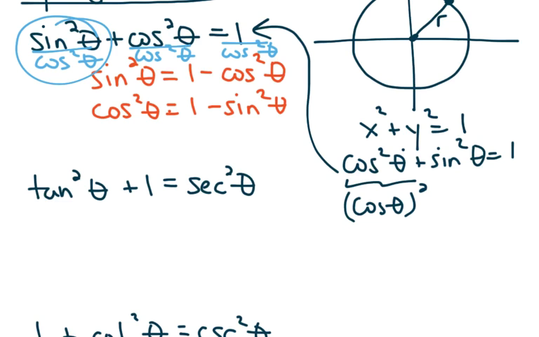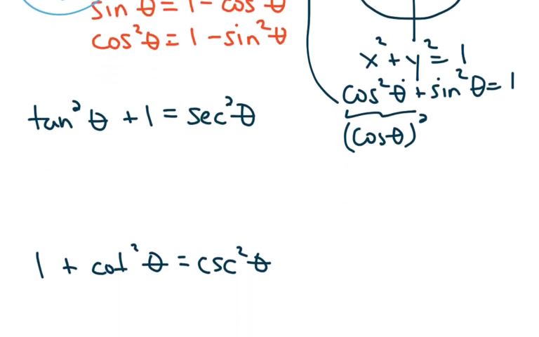Well, sine over cosine is tangent, so sine squared over cosine squared is going to be tangent squared. Anything divided by itself is 1. And by the reciprocal identities, 1 over cosine is secant. So 1 over cosine squared must be secant squared.